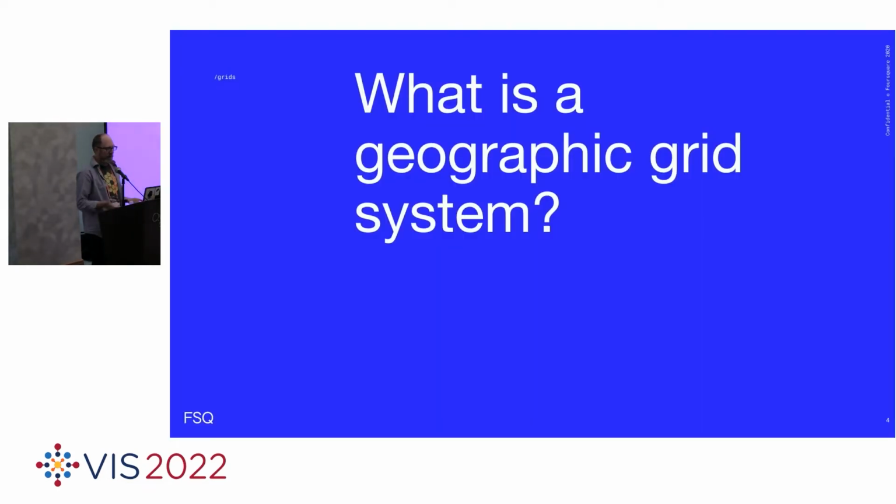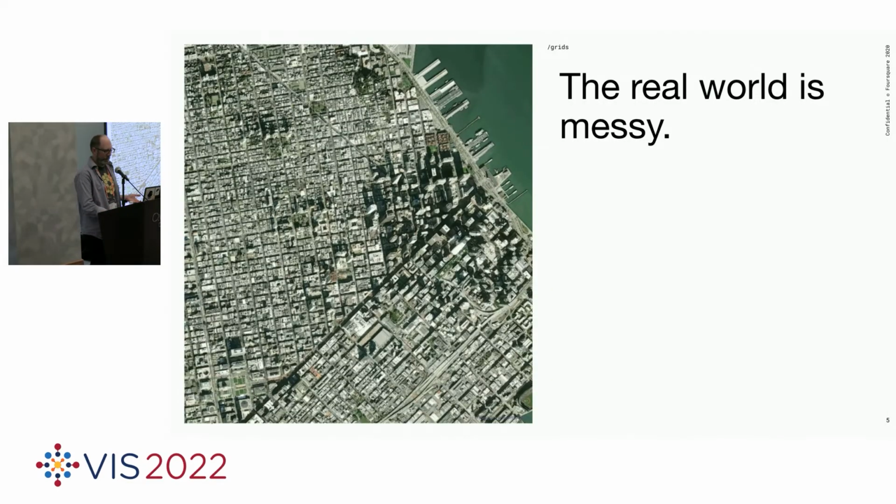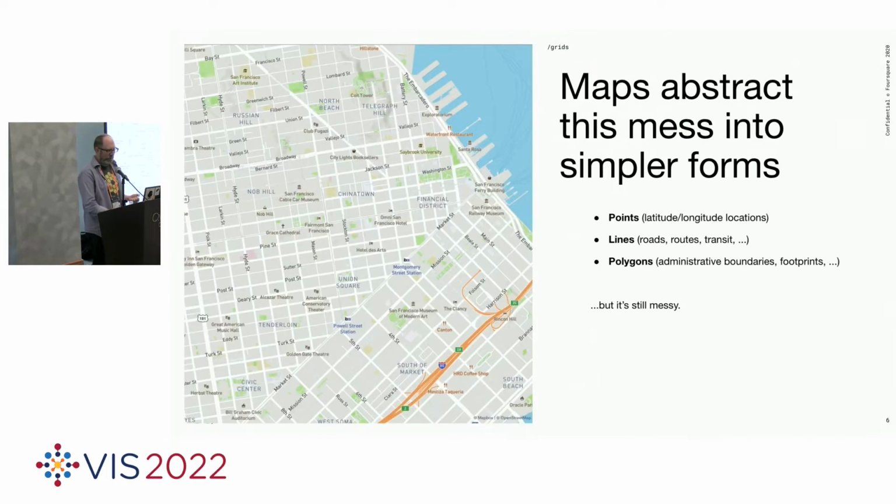So let's start by asking, what is a geographic grid system? We all know that the real world is very messy. There are a lot of things in it. And no matter what we do to work with it, we really have to abstract that mess into simpler forms. Shan went through a variety of geographic data types that we use to do this kind of abstraction.